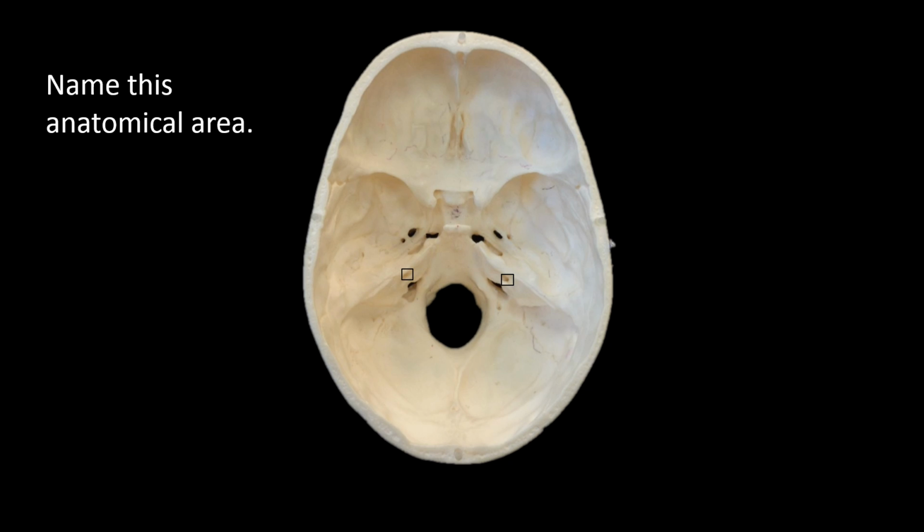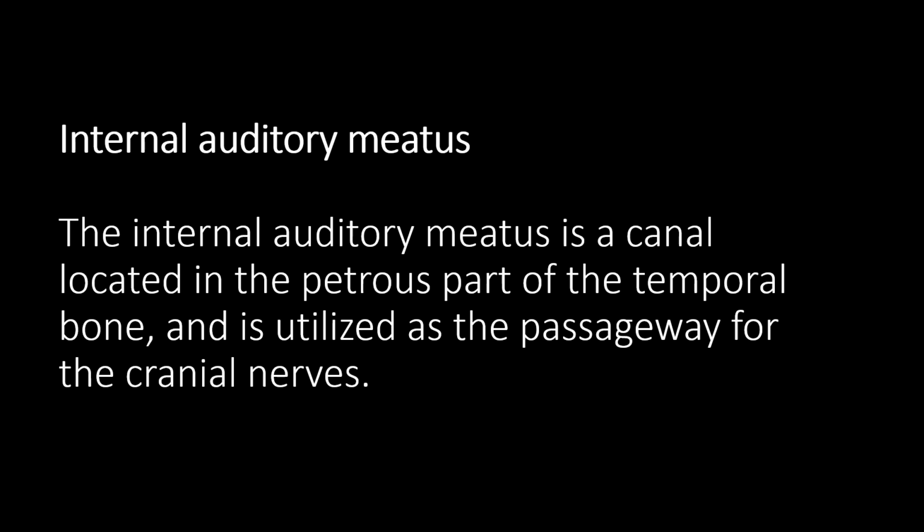Name this anatomical area. Internal auditory meatus. The internal auditory meatus is a canal located in the petrous part of the temporal bone, and is utilized as the passageway for the cranial nerves.